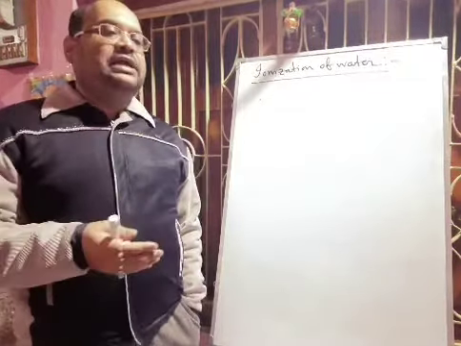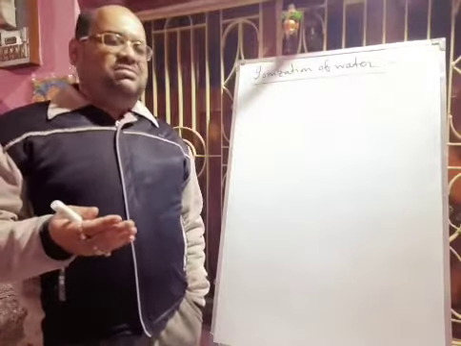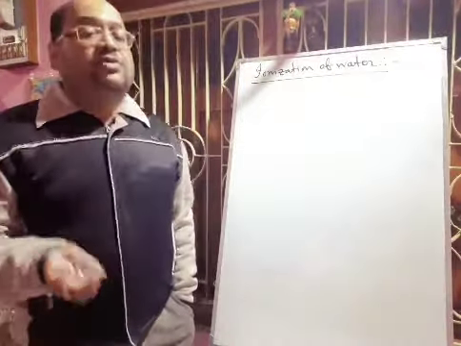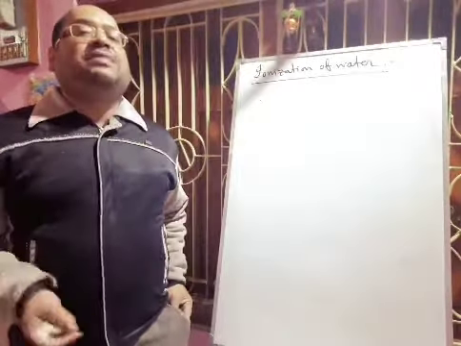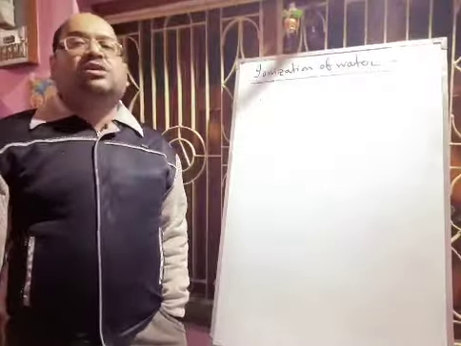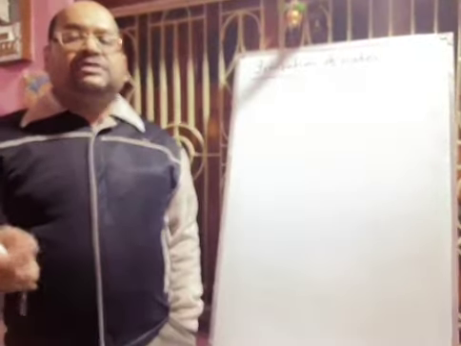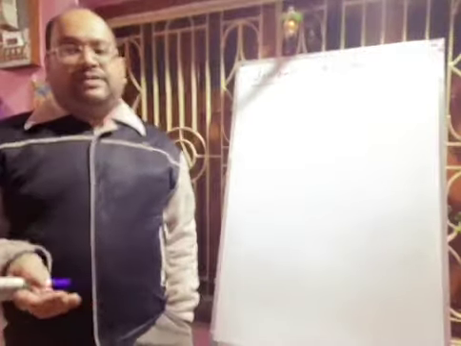If you use the formula pH is equal to minus log base 10 concentration of H plus, you put this value 10 to the minus 8, definitely it will come as 8. 8 means basic, but it is not correct. If you calculate it properly, then its value will come near about 7, like 6.99, but what I am telling is that it is less than 7.